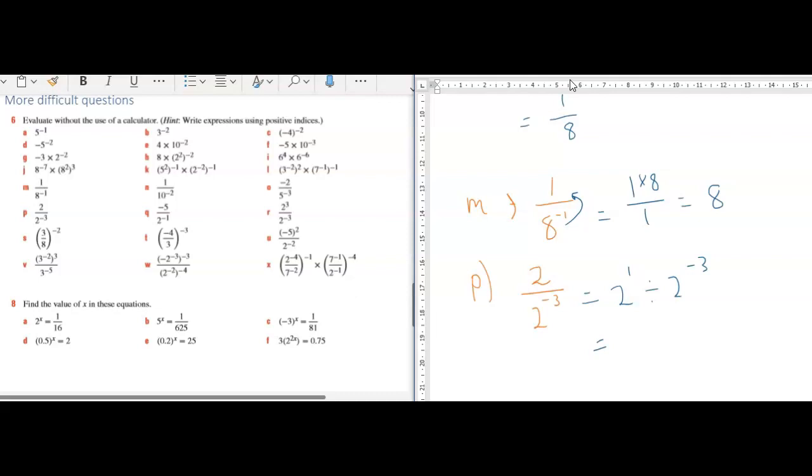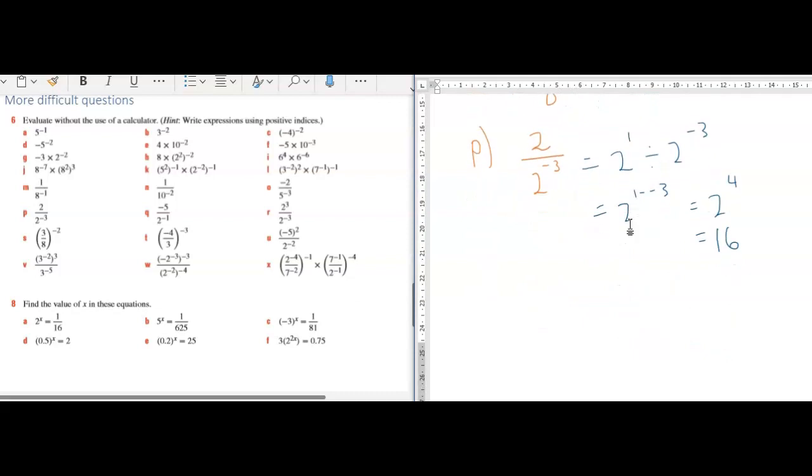And remember, when we divide, we subtract our powers. So it's going to be 1 minus negative 3, which gives you 2 to the power of 4. And it says evaluate, so I'm going to actually have to do that. So that's 2 times 2 times 2 times 2. 2 times 2 gives you 4, times 2 again gives you 8, and then times 2 again gives you 16. So 2 to the power of 4 gives you 16.